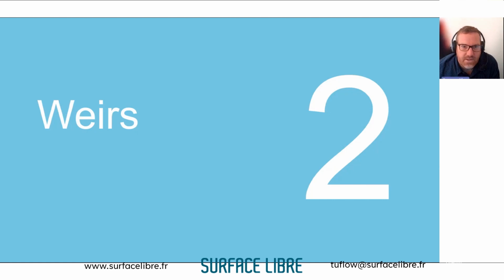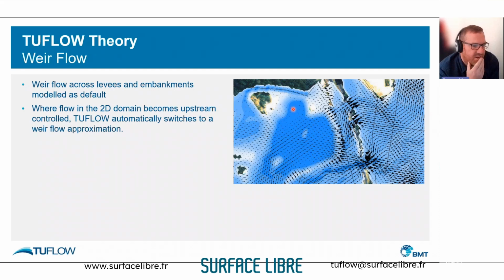Okay, thanks. We'll move on to weirs. So weir flow across levees and embankments is modeled as default within TUFLOW. Where flow in the 2D domain becomes upstream controlled, TUFLOW will automatically switch to a weir flow approximation. This has been in place for TUFLOW Classic for some time.